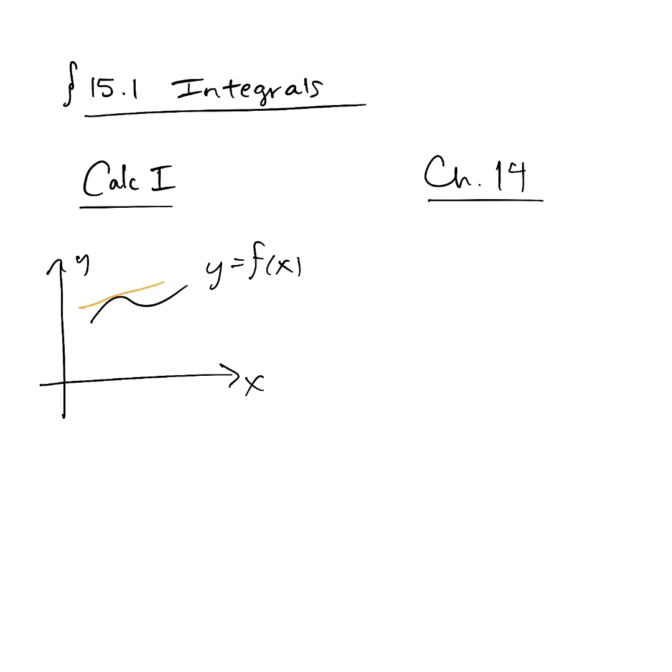And in Calc 1, you learn all about tangent lines. So the derivative tells you the slope of the curve, and you can use that idea to solve all sorts of Calc 1 problems. Likewise, in Chapter 14, we have not a curve, but a surface, z equals f of xy. And that's sitting not in 2D space, but in 3D.